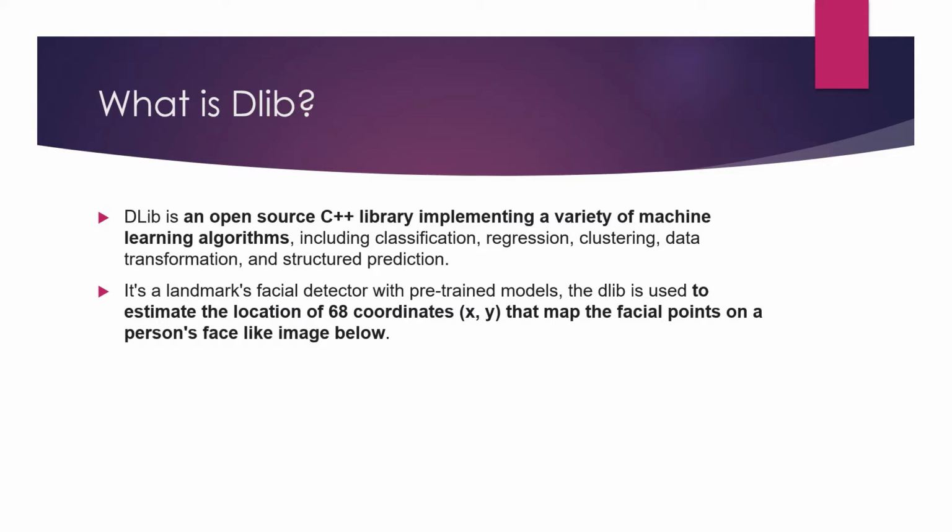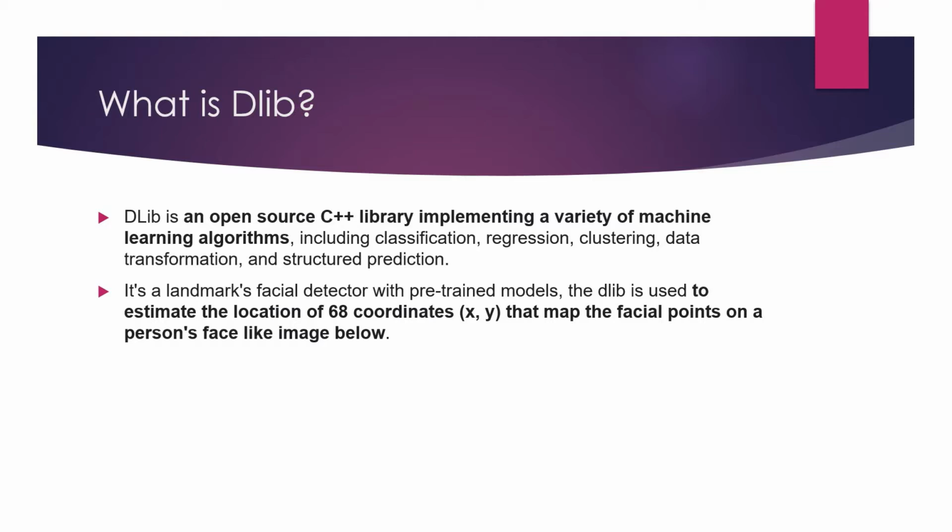DLib is an open source C++ library implementing a variety of machine learning algorithms including classification, regression, clustering, data transformation, and structure prediction. It's a landmark spatial detector with pre-trained models.